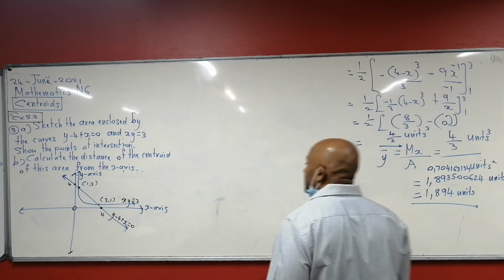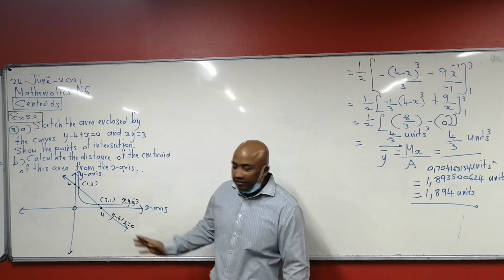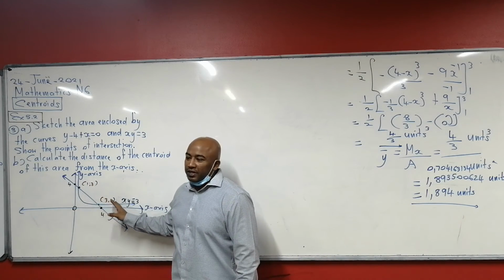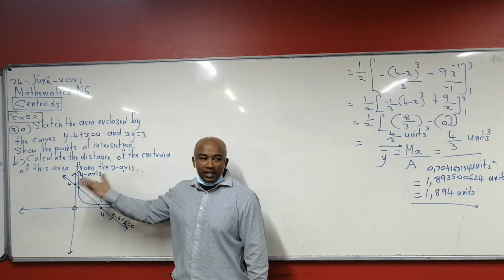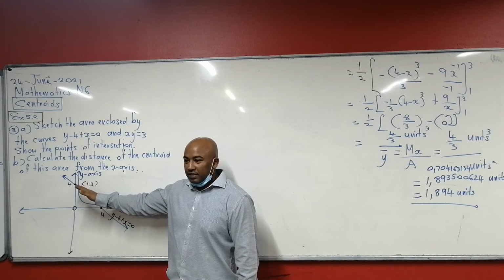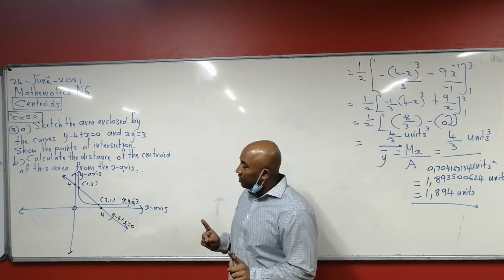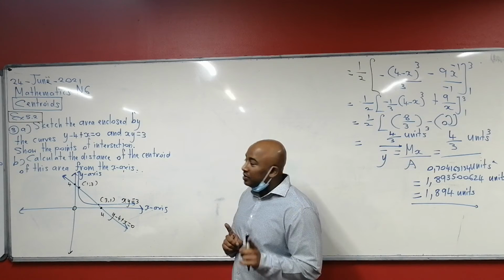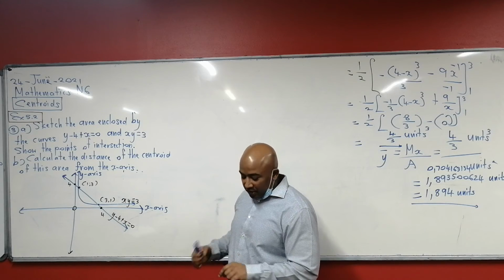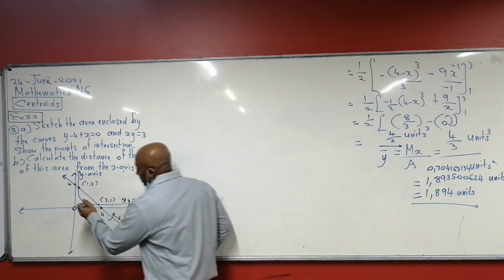Alright, so we are restarting the example, not exactly the full thing. I don't need to show you how to work out the points of intersection. That's simultaneous equations. You can work that out. X-intercept of the straight line, y-intercept, that is not a problem. Right, so the focus is on what would happen if we use a horizontal representative rectangle.